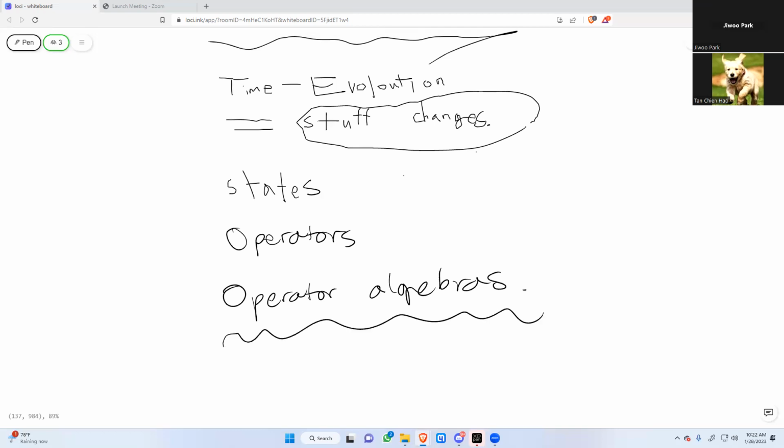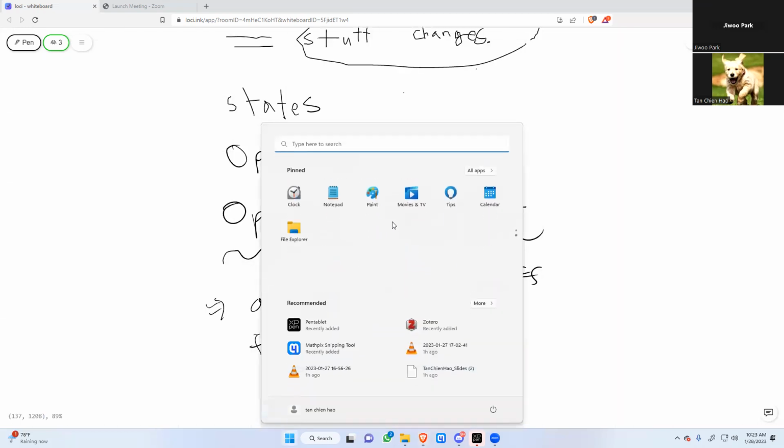This is just a set of stuff that changes with time, in the long term view, right? We could elaborate further, but in the long term view, right?